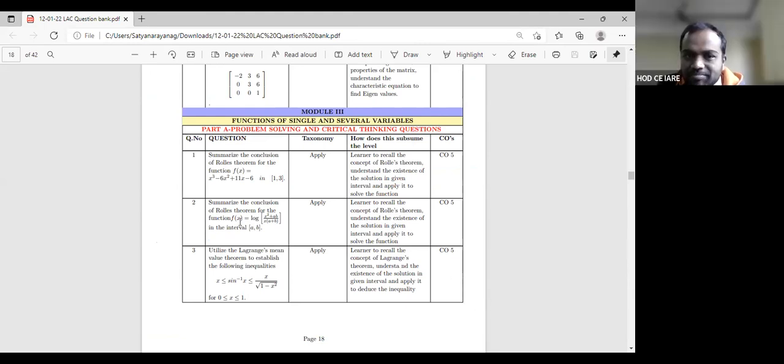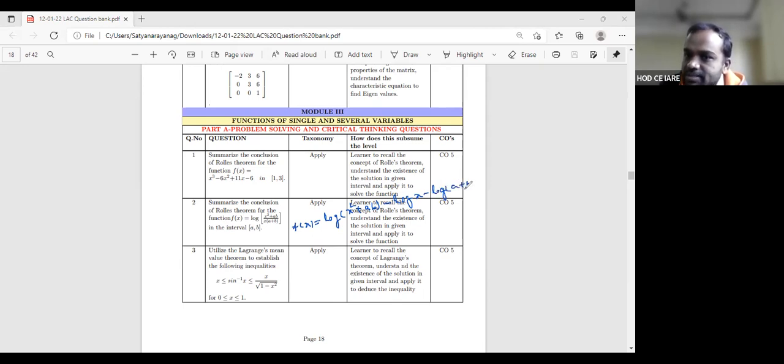Next, summarize the conclusion of Rolle's theorem for the function f of x is equal to log of x square plus ab minus log x minus log of a plus b.